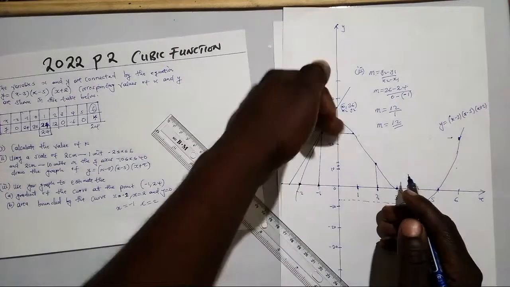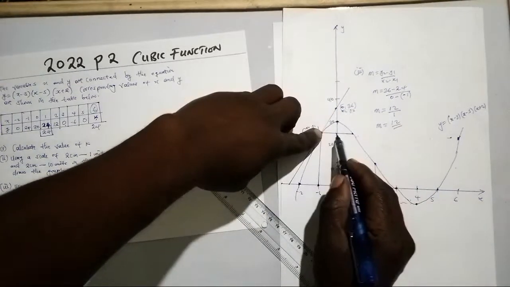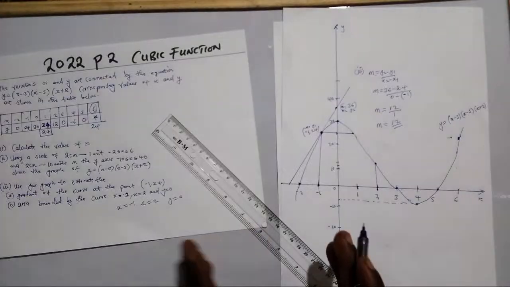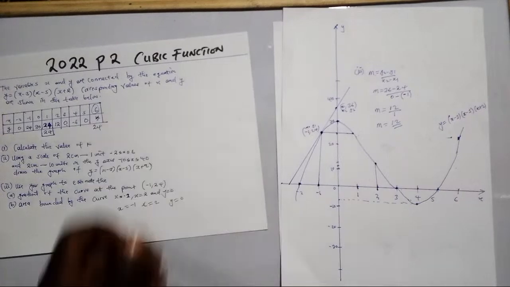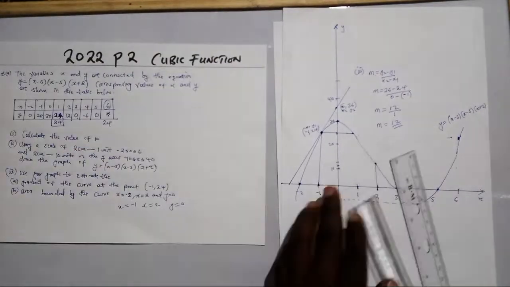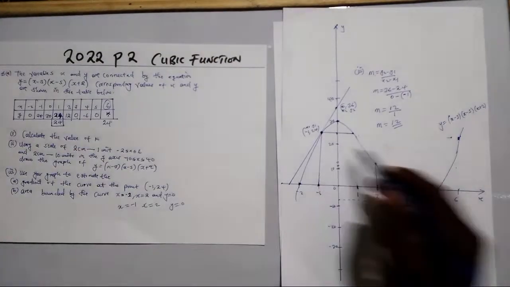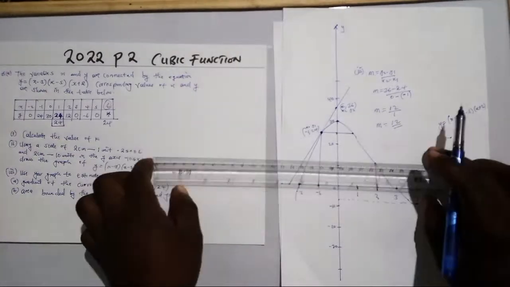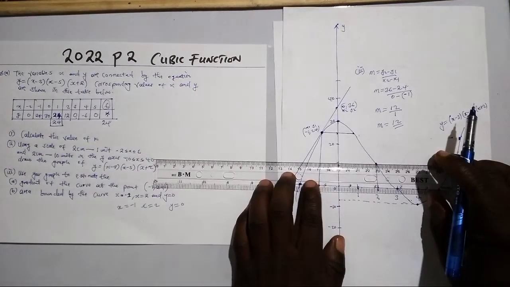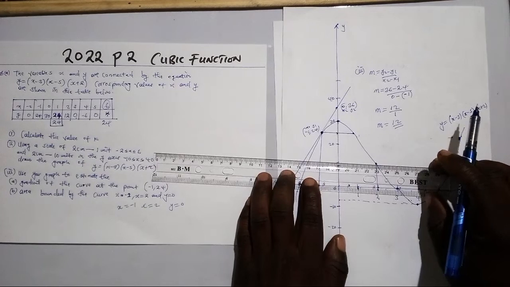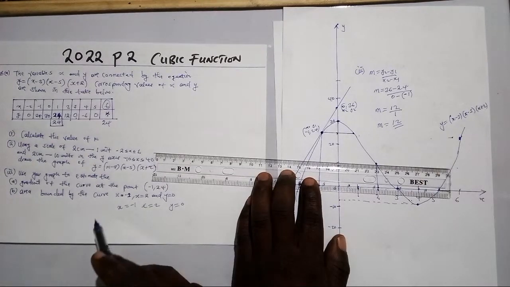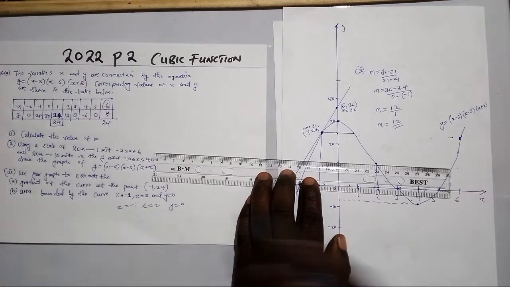We only have y at this point. But what you have to have is this kind of shape when you want to find the area bounded by the curve.